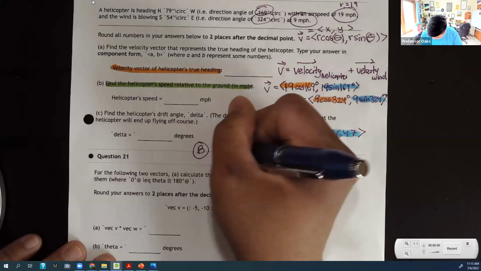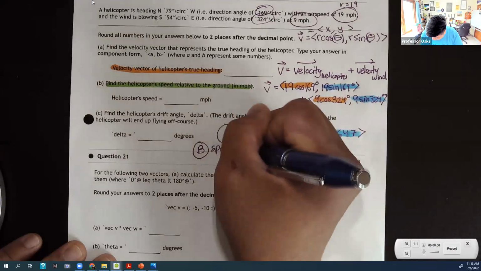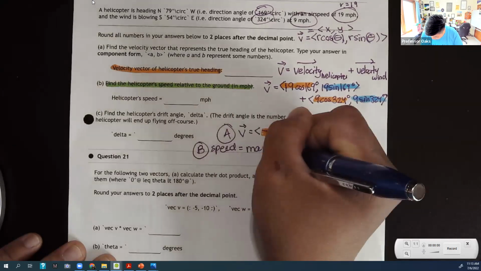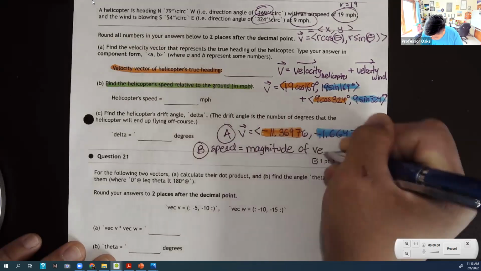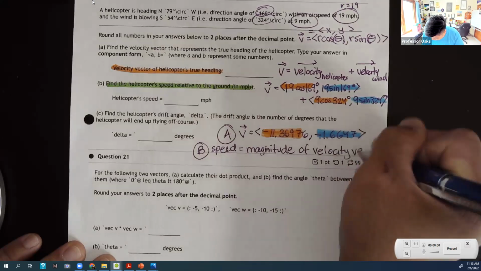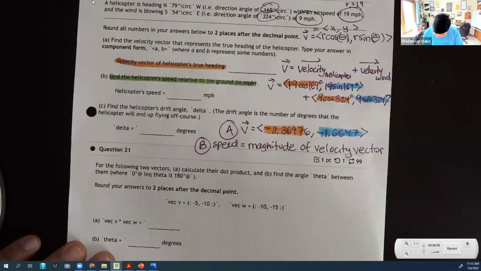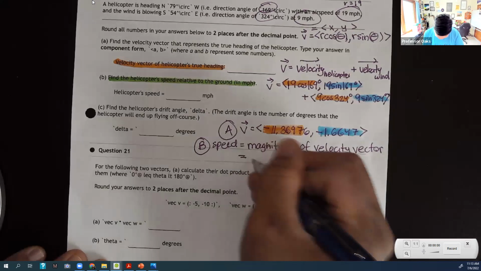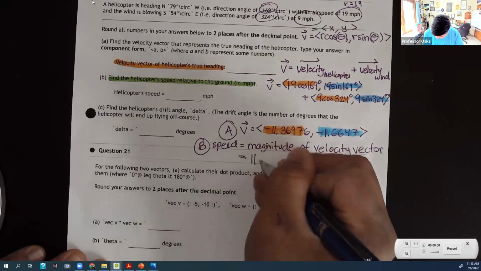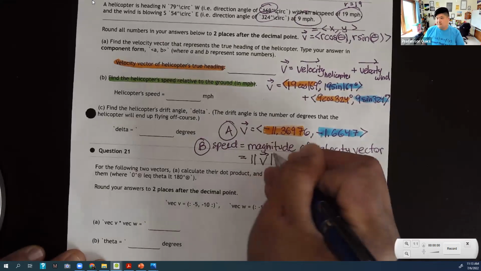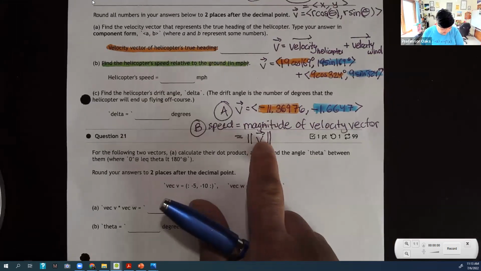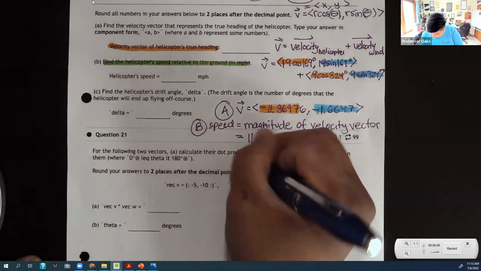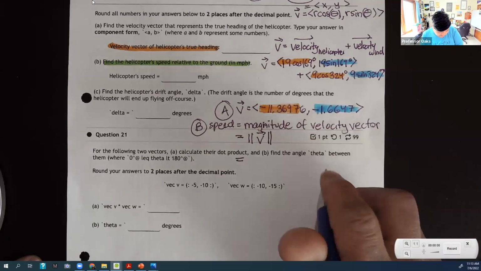So the speed is the magnitude of the velocity vector. This is the notation for that, the double bars and then the vector. That's just notation.